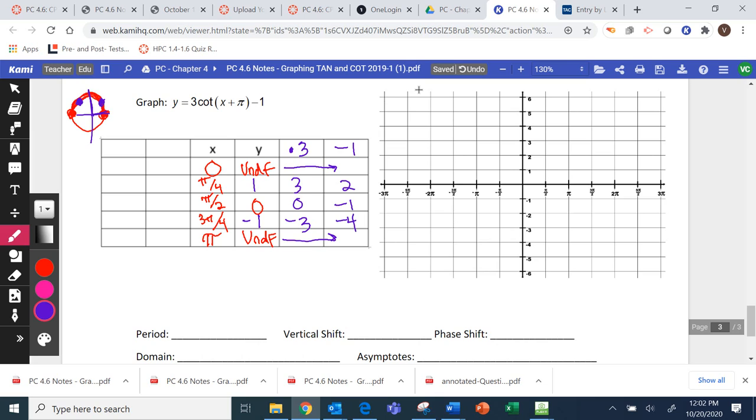And on the inside, it's just a number 1, so I don't have to multiply anything by my x's, but I do have to subtract pi afterwards. So my first asymptote is going to be at negative pi. And then the second asymptote is at 0. And then I continue that pattern.